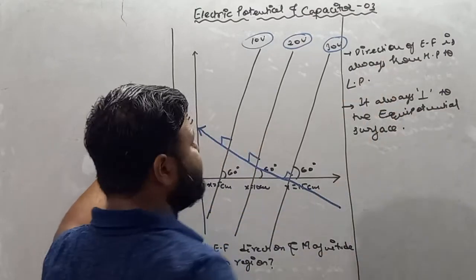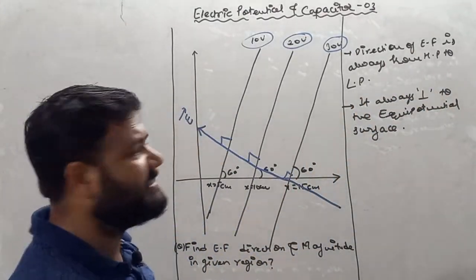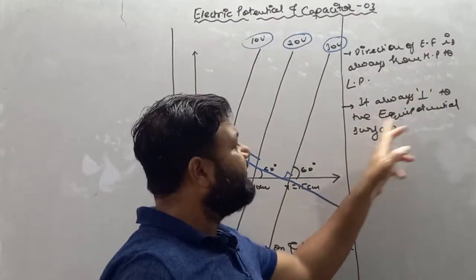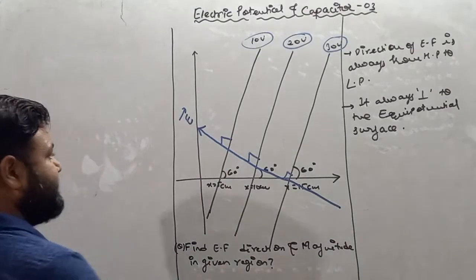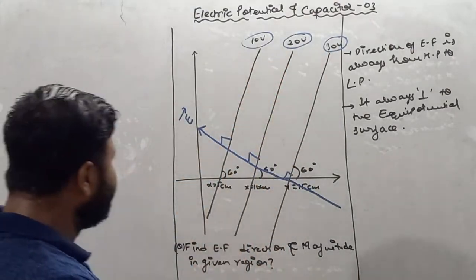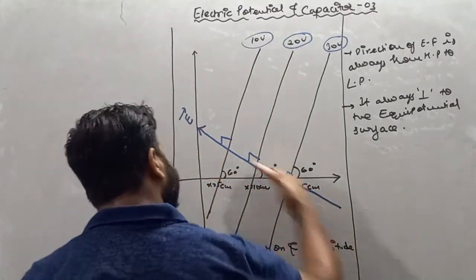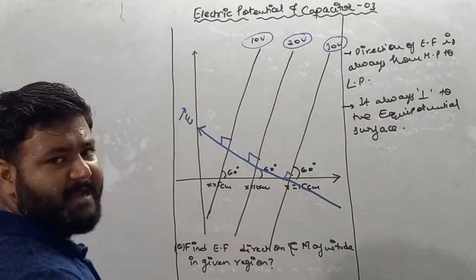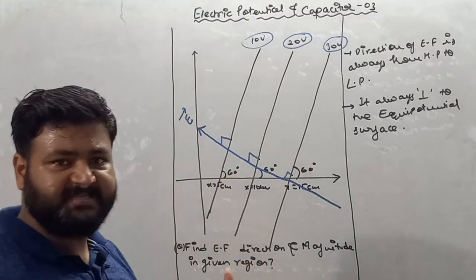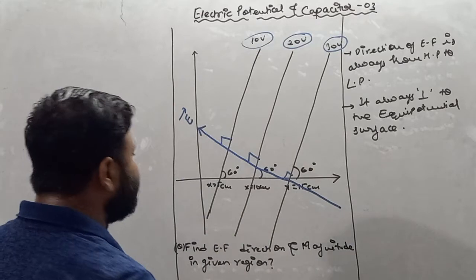So both conditions will be applicable. These surfaces are equipotential surfaces, and they are plane equipotential surfaces. So we'll make the direction of electric field in such a manner that it is always perpendicular to the equipotential surface, first thing. And second thing, it is always from higher potential to lower potential.